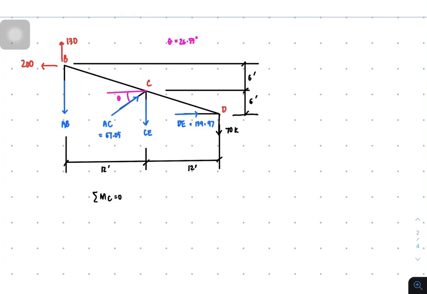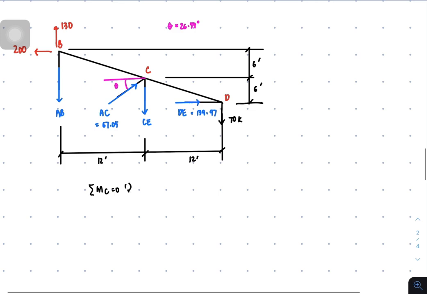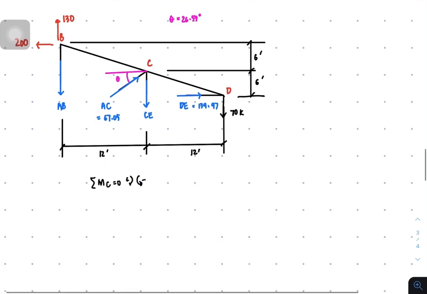Okay, so summation of moment at point C, clockwise positive, counterclockwise negative.